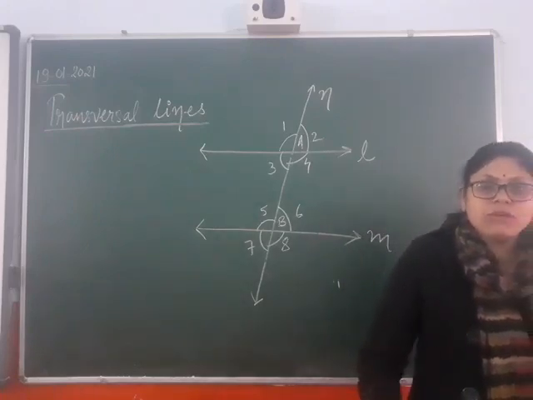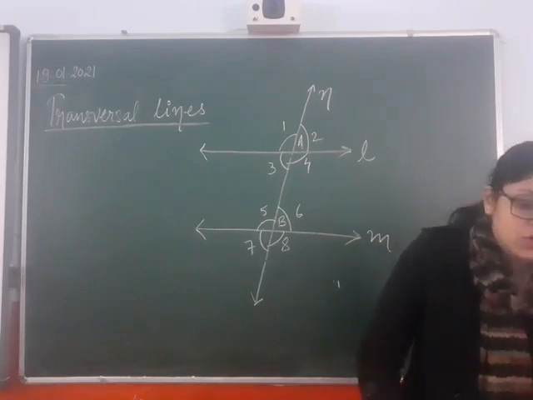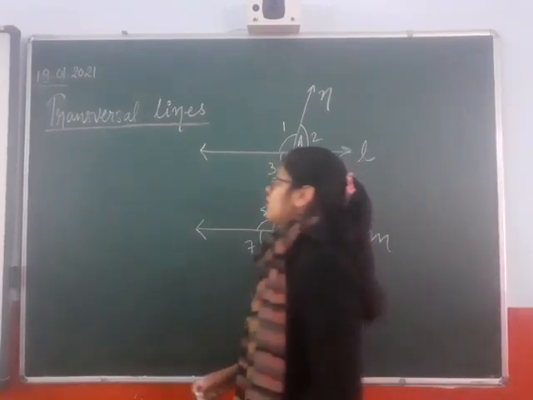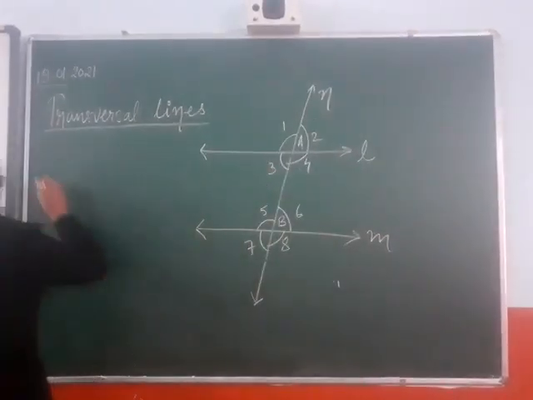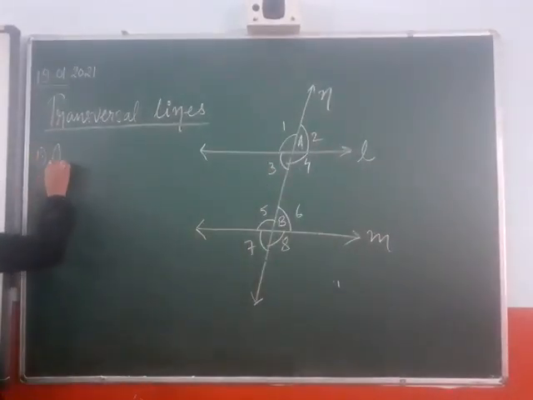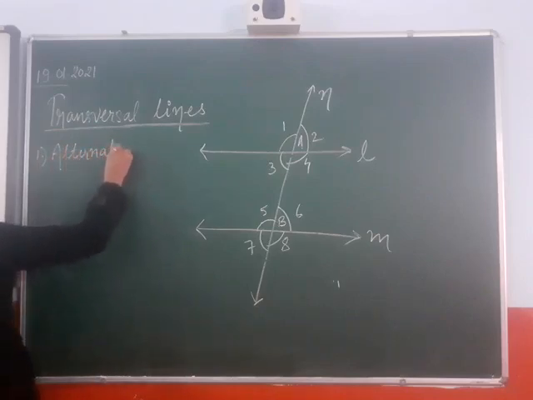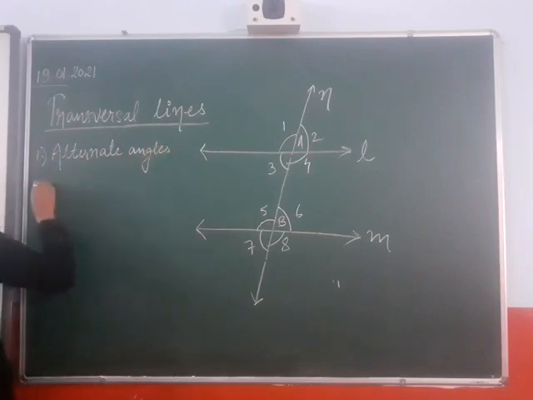So we will study this in an easy way so that you can remember. Okay, so 2 pairs of interior alternate angles. So first, a very important thing here is alternate angles. In this also you will get first one, interior alternate angles.